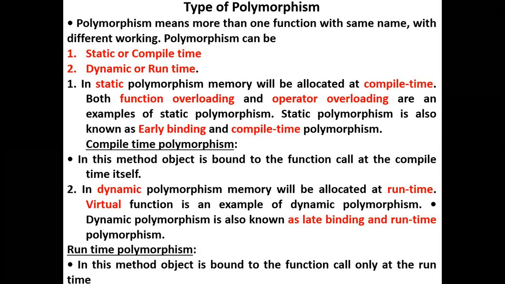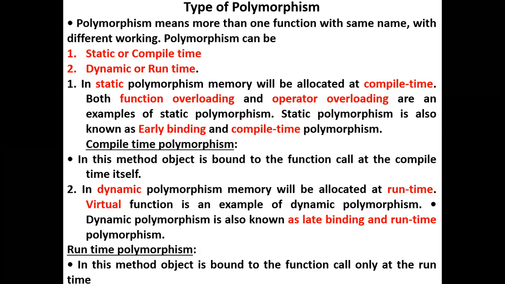Now, in the other form, dynamic polymorphism, the binding of the object and function will happen at runtime. So we can call it dynamic, runtime polymorphism, and late binding, because the binding is done at the time of execution. Here we are also using virtual functions.